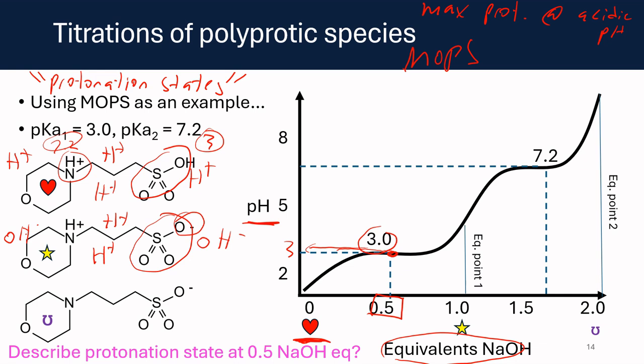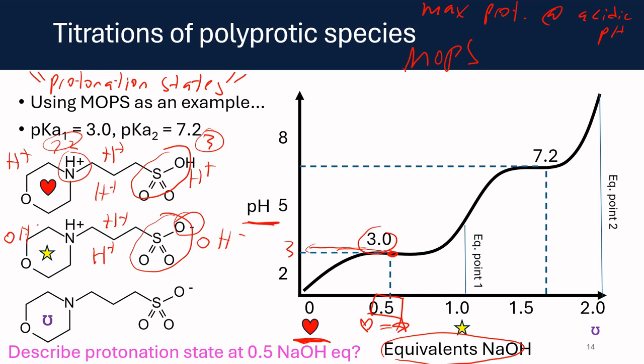And when the pH equals the pKa, half of that group is protonated and half of the group is deprotonated. So we are 50% heart and 50% star. Half of these sulfonates have deprotonated at this point.